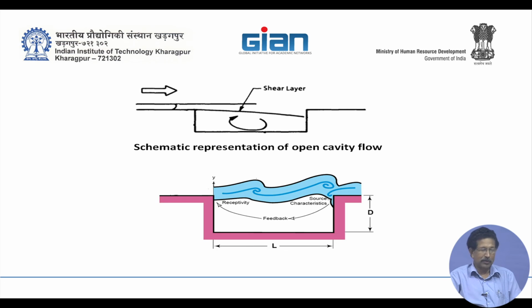So, this process, the vortex shedding from the front lip and its impacting on the rear lip, a radiated sound field that comes and again hits at the leading edge, this feedback mechanism continues, and this feedback mechanism creates a self sustained oscillation.